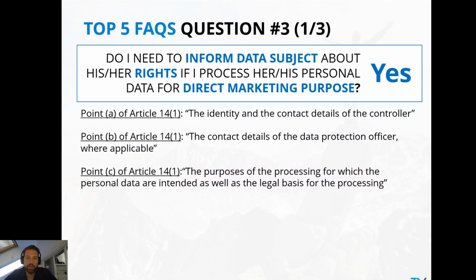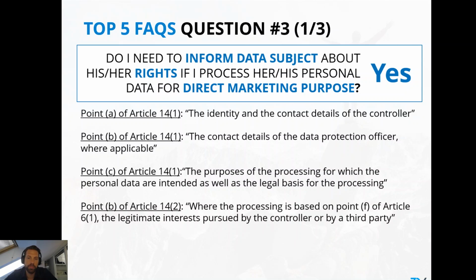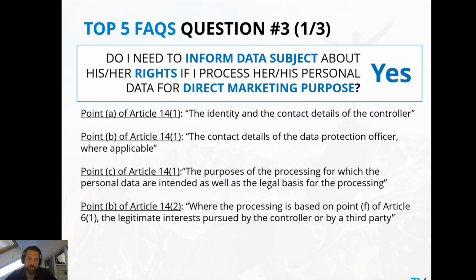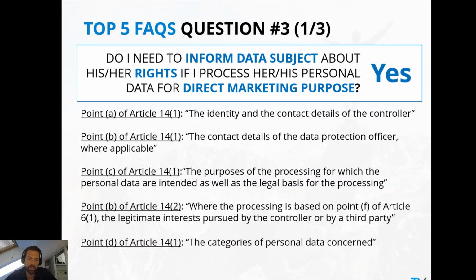The purpose of why you are processing their data, so most of the time, actually, not most of the time, all the time, the purpose for us is going to be direct marketing. What is the legitimate interest? So it's actually the same, because our purpose is the legitimate interest, so it's for direct marketing. The category of the personal data concerned.